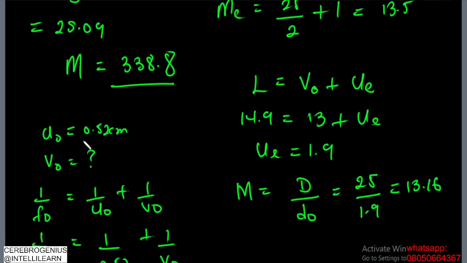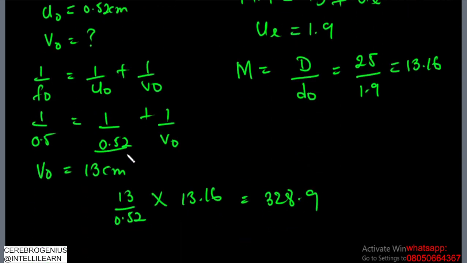Let's assume that this distance is not 0.52, but something less than 0.5. Let's say 0.4. So you have 1 over 0.5 minus 1 over 0.4. So the answer will be minus 2.